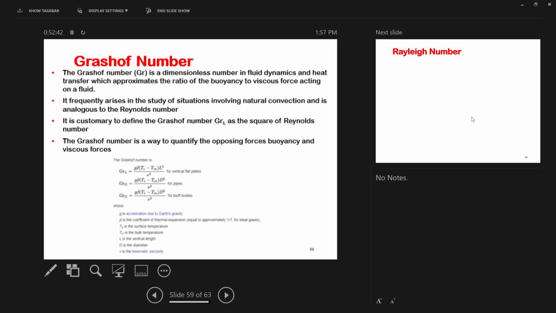The only thing that you really don't know here is the beta, which is the coefficient of thermal expansion. And for our case, it is 1 over Ts, the surface temperature. That's the surface temperature or the fluid temperature adjacent to the surface, which is supposed to be the same.